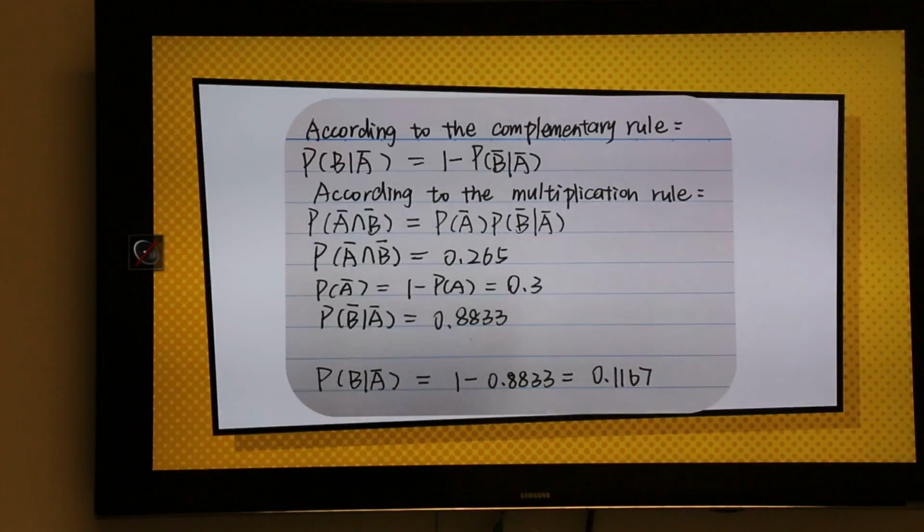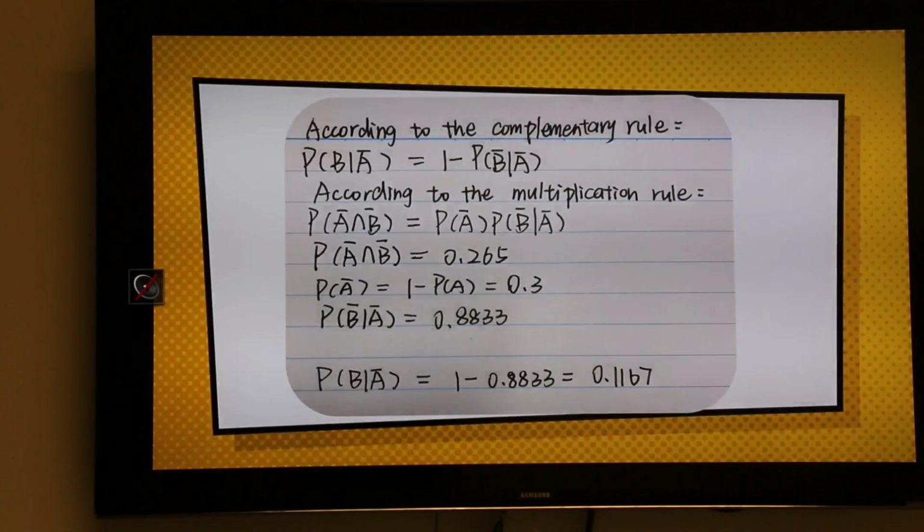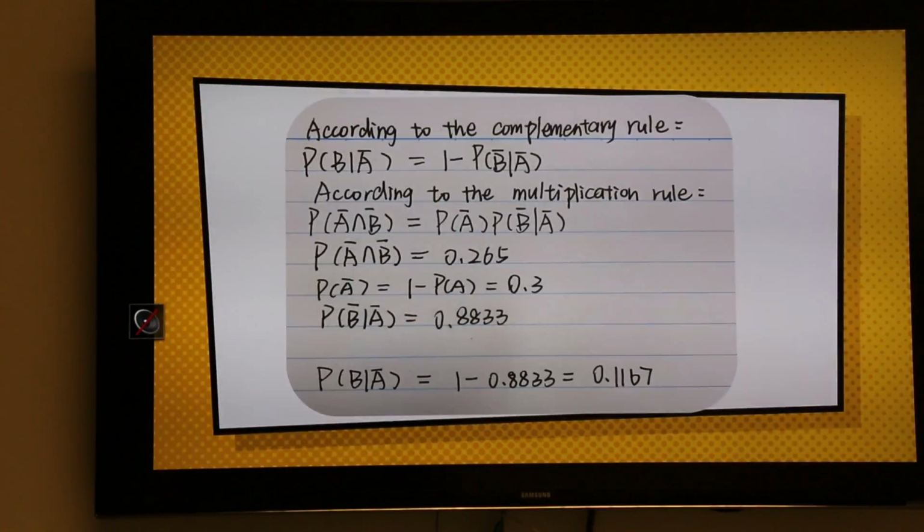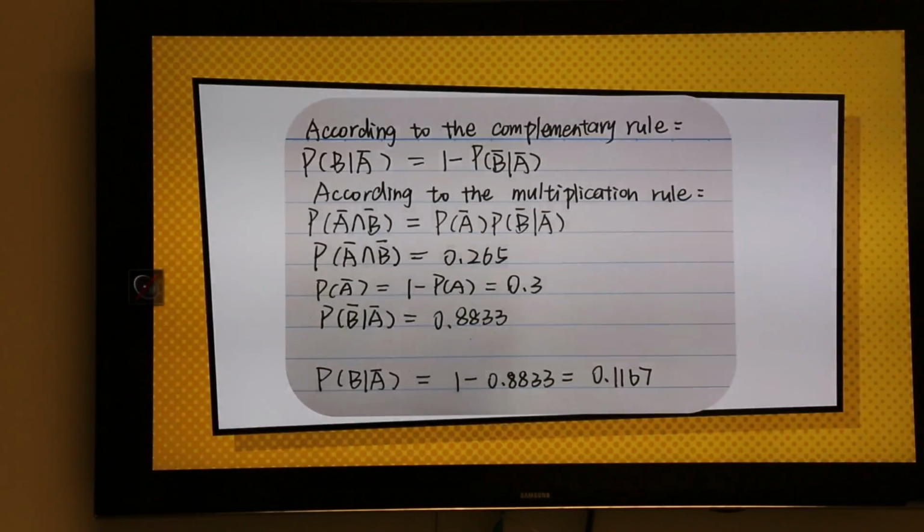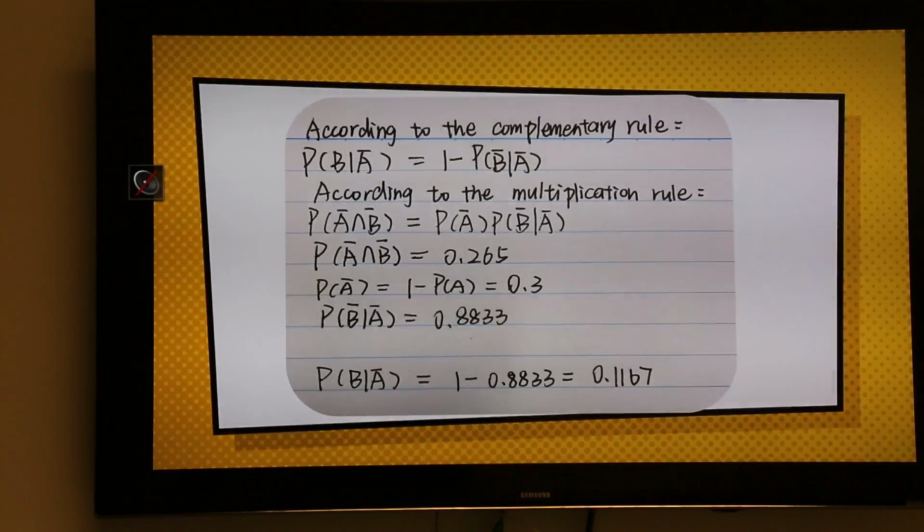According to the complementary rule, P of B given A bar equals 1 minus P of B bar given A bar. Now the question becomes, what is the value of P of B bar given A bar? According to the multiplication rule, we know that P of A bar and B bar equals P of A bar times P of B bar given A bar.